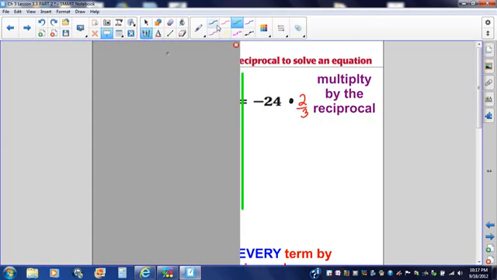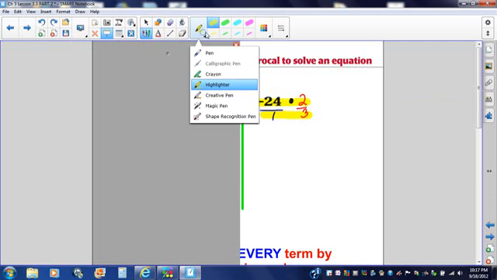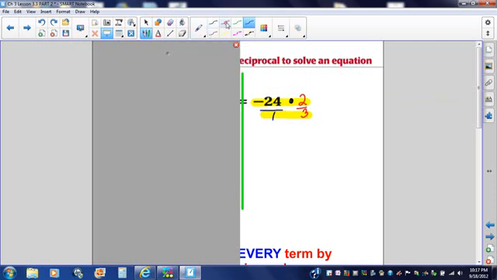So, first thing I'm going to do is make this a fraction. To make it a fraction, I put a denominator of 1. Now, to multiply fractions, I do top times top, bottom times bottom. Multiplying fractions ain't a problem.